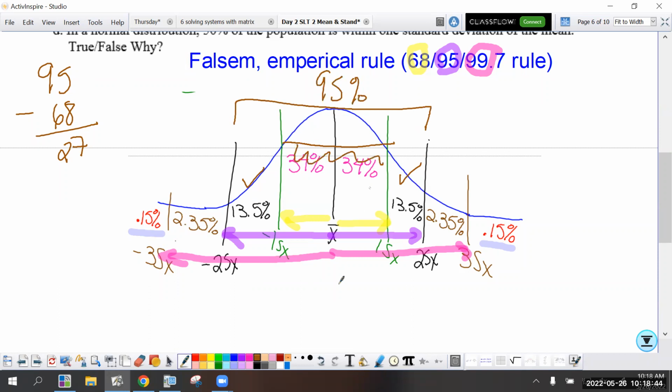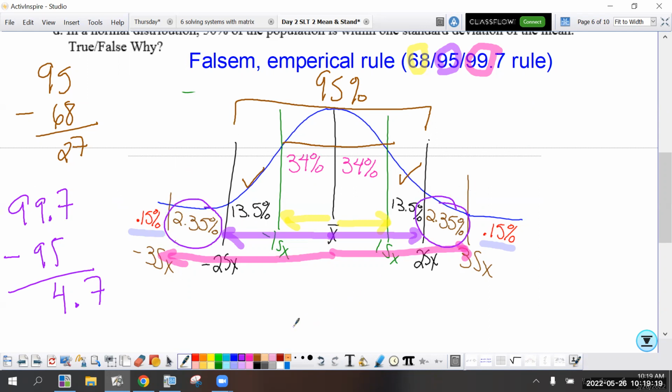And I took away the 68% I already know. And then lastly, to get to the third standard deviation, I'm going to take my 99.7% of the data and take away the 95% that's already there, or 4.7% divided in half to get me the 2.35 for these sections. Well, 0.3% is left over, divided in half to get me the 0.15% on the outside.